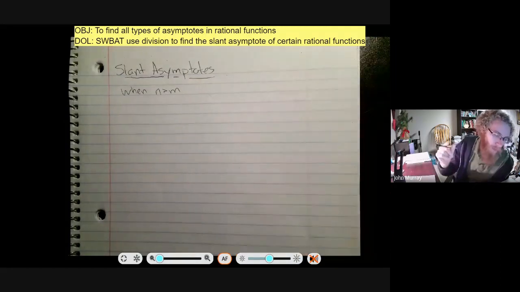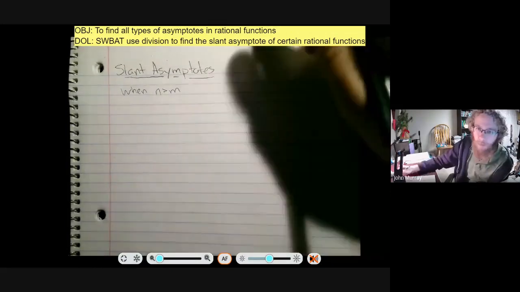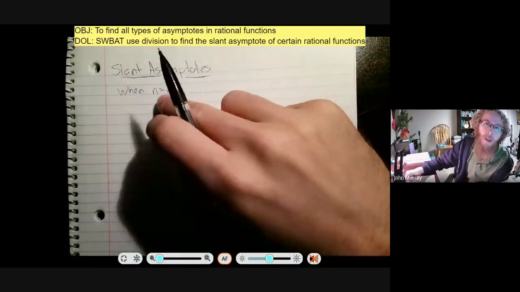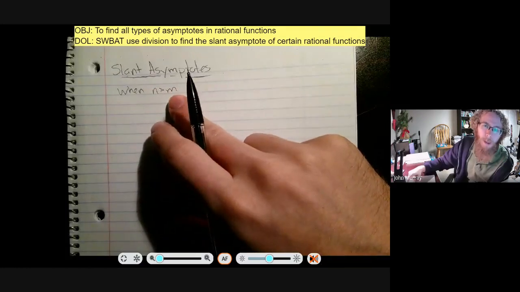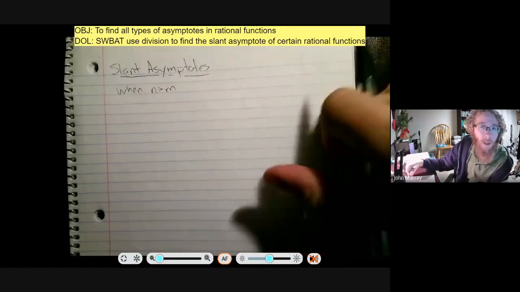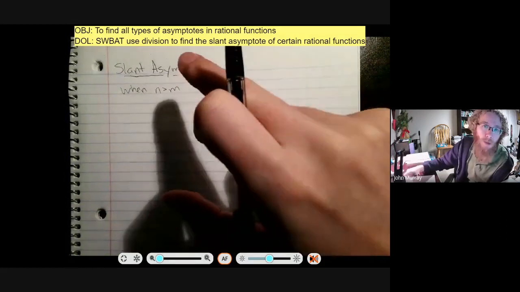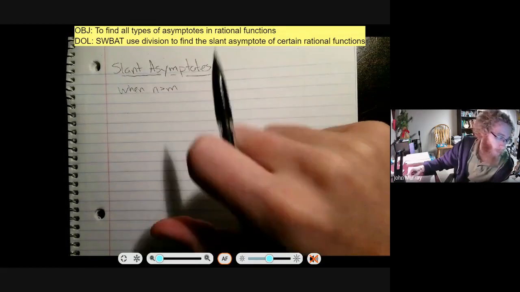If they're equal, then we take the leading coefficients. The last type is when the numerator degree is greater than the denominator degree. That doesn't produce a horizontal asymptote because it produces a slant asymptote.